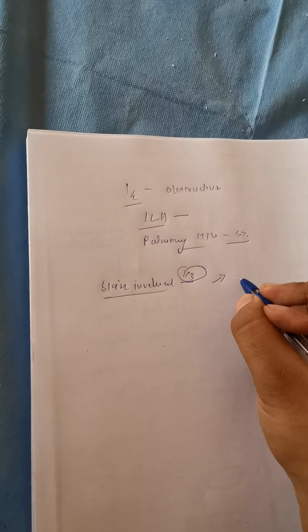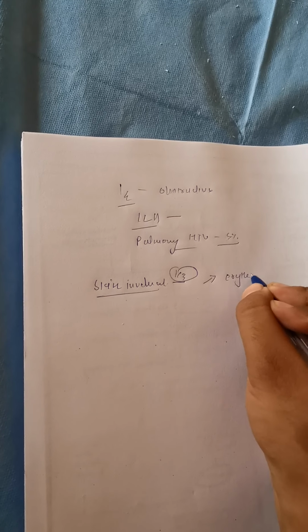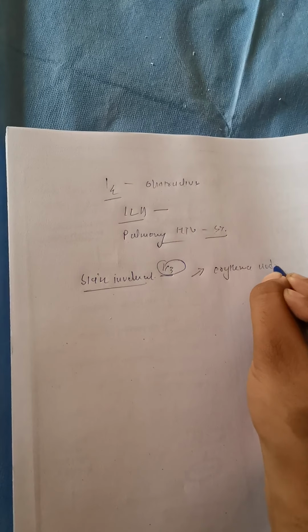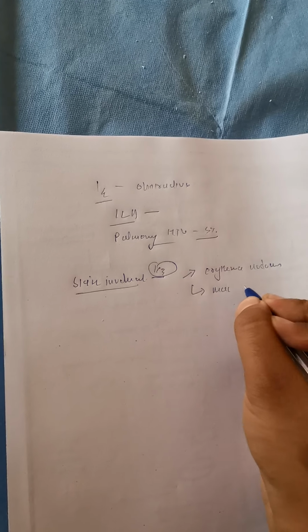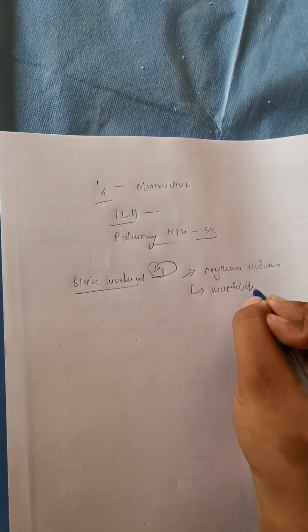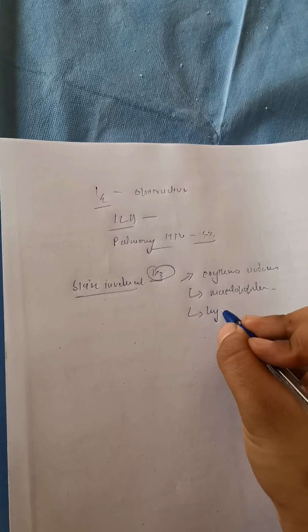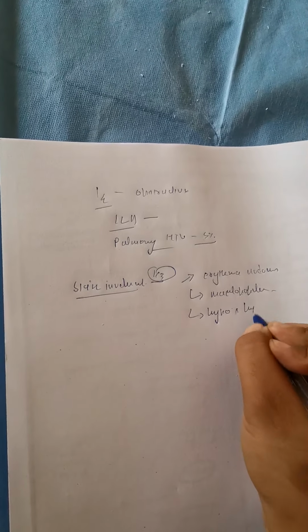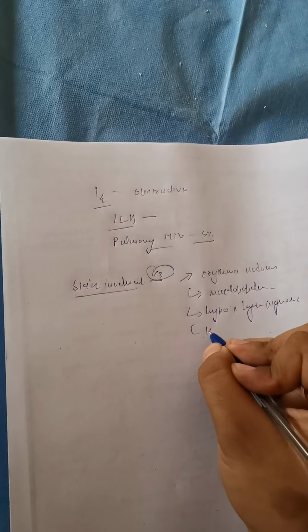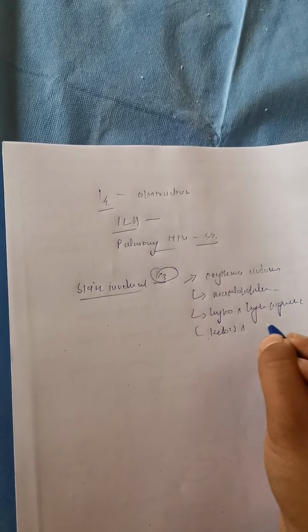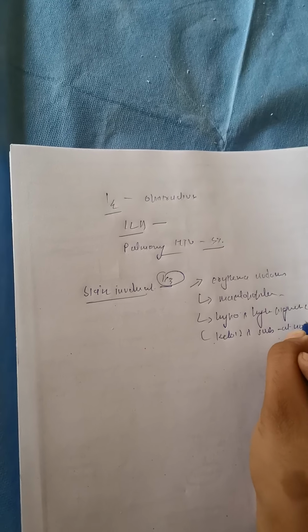The various lesions include erythema nodosum, maculopapular lesion, hypo or hyperpigmented lesion, keloid, and subcutaneous nodule.